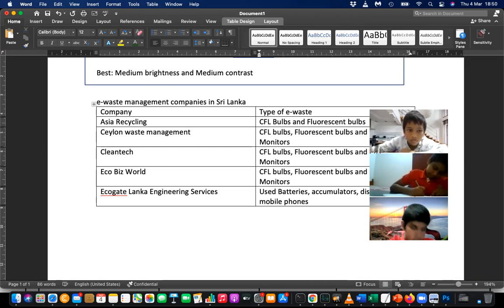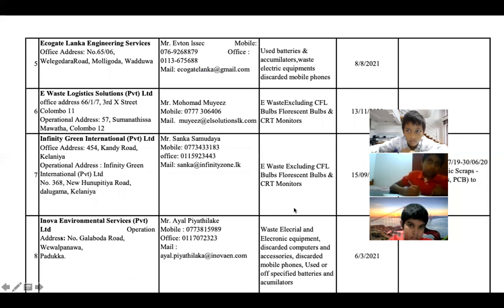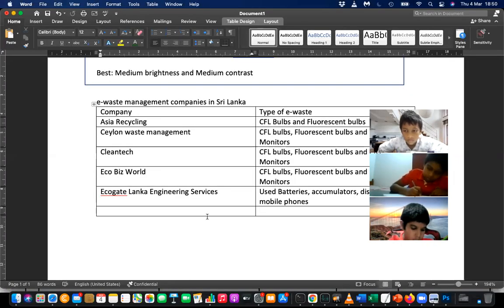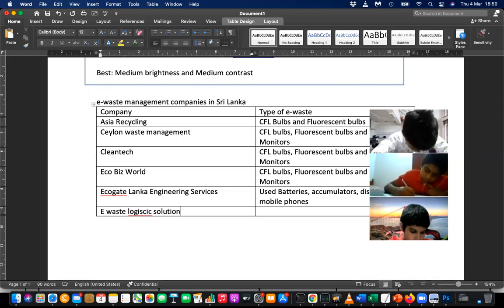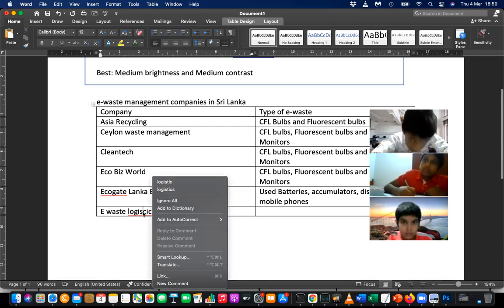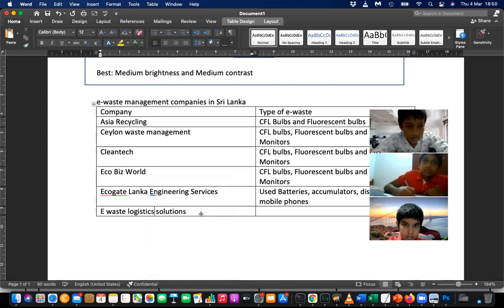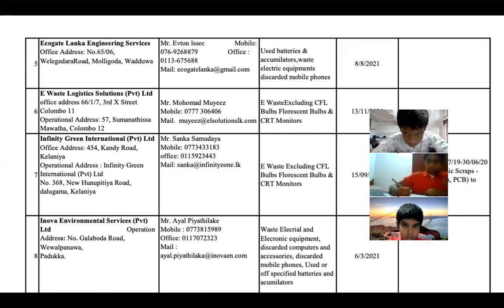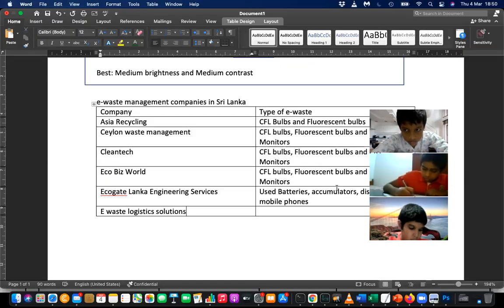Your workbook is asking for 5 companies. Let's write another one: E-waste Logistics Solutions. They also manage these things.